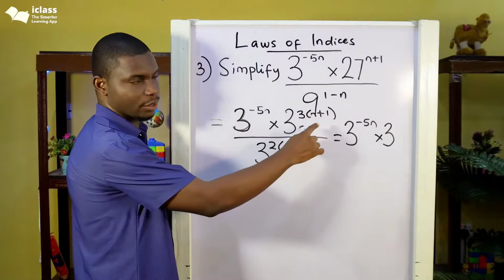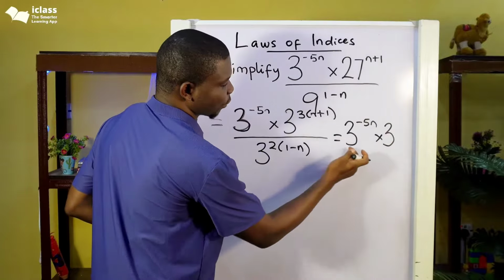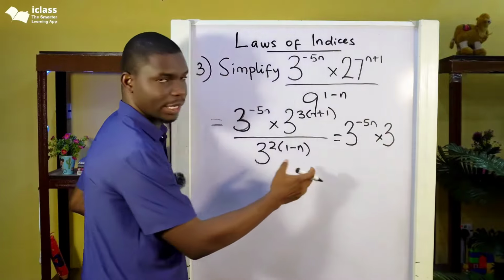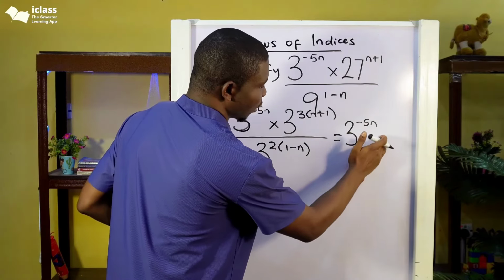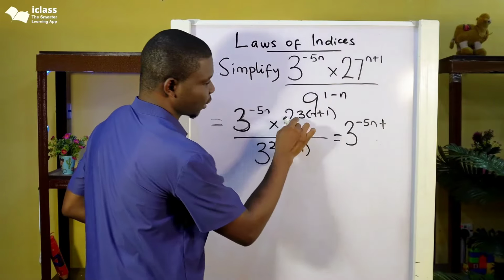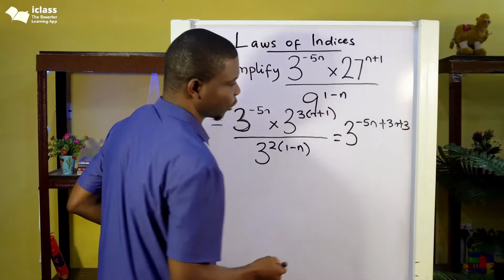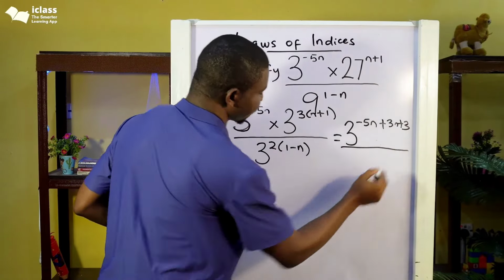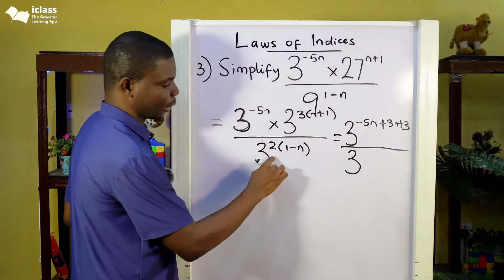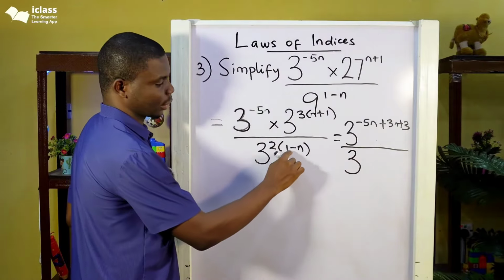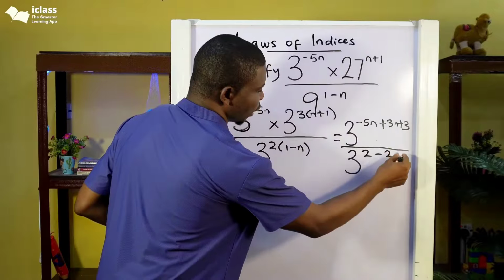I'm opening these brackets, right? Now, since they are indices of the same base and you are multiplying, you can add the powers. So instead of writing this, I'll just write it as, I'm adding the power now, 3n plus 3. Divide by, here at the denominator, we have 3 to the power, I'm opening the bracket, 2 minus 2n.